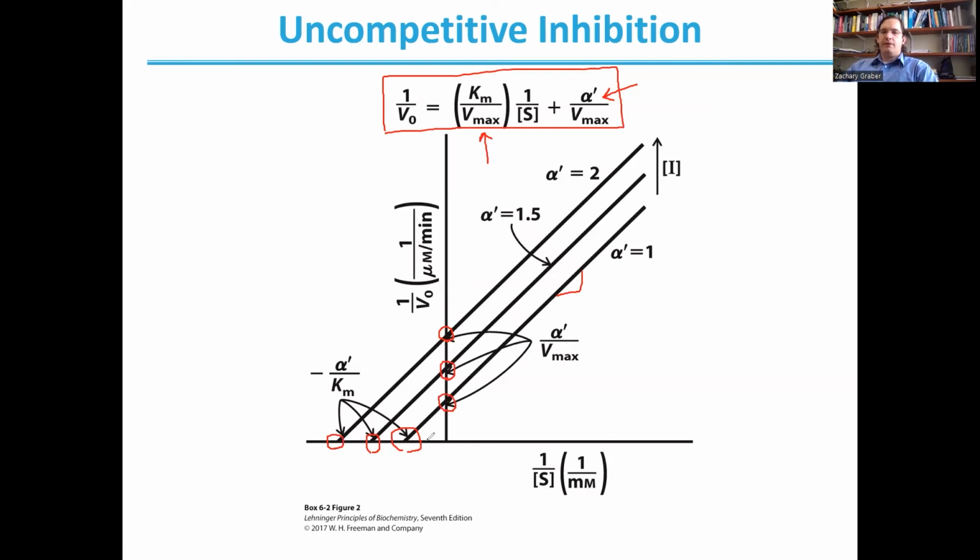So it's only the slope that stays the same. Our apparent Vmax and our apparent Km are both changing here. So again, we see a very simple method by which we could determine an uncompetitive inhibitor. If we see parallel lines as we change the inhibitor concentration, we have an uncompetitive inhibitor.